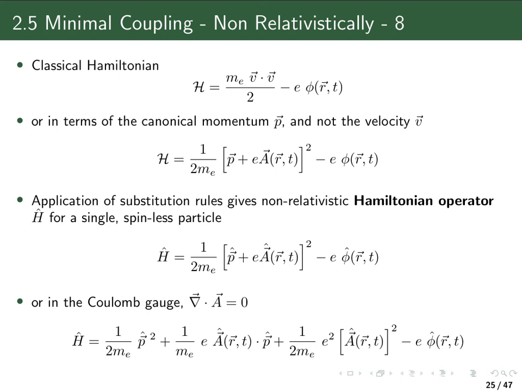Now you can see we have here a square, and that's not always very convenient. So let's write out this square parenthesis, which of course in the first place gives us 4 terms: p squared plus e squared times the vector potential squared, and then the 2 cross terms.